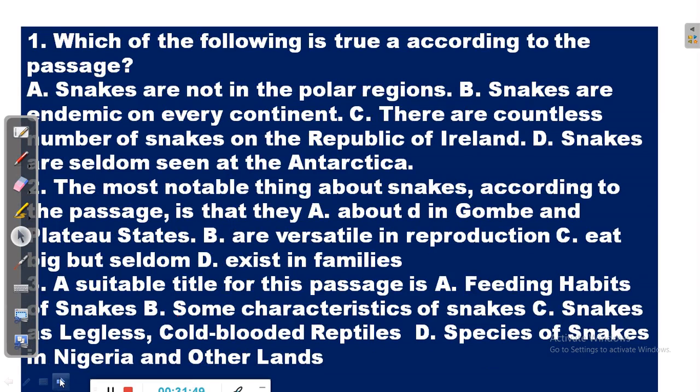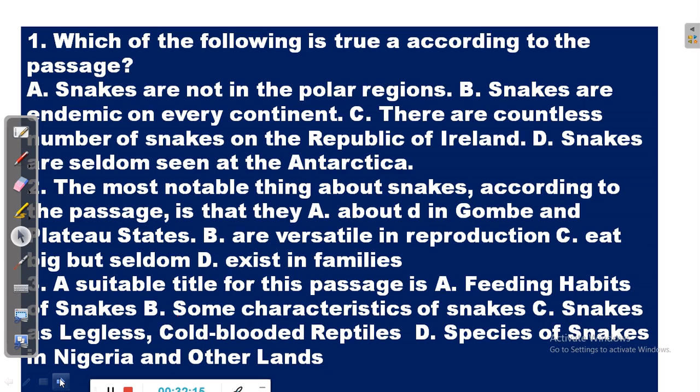Now, I must emphasize here that this depends on your reading speed. If at the first reading of the passage, you are yet to fully grasp the meaning, you may need to read it again, probably 2 times, or until you actually understand what it is about.